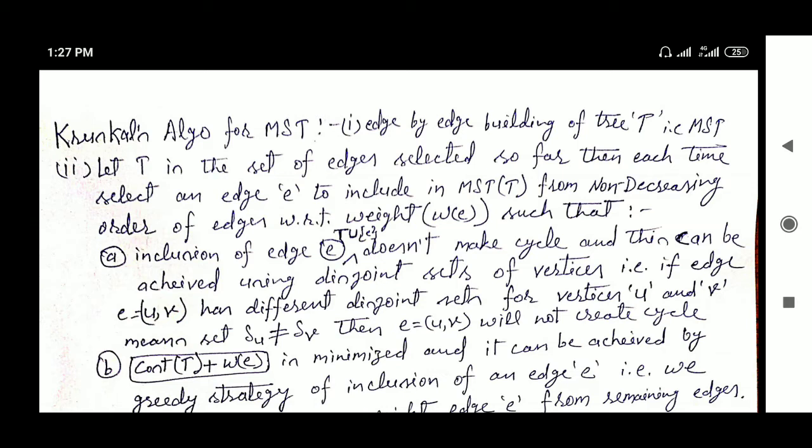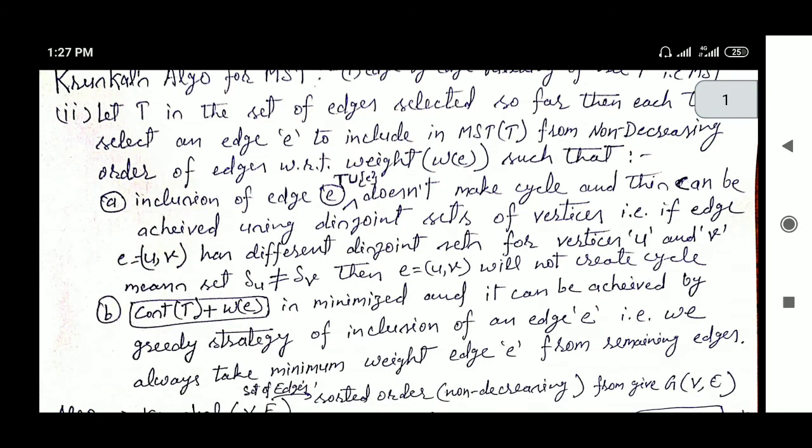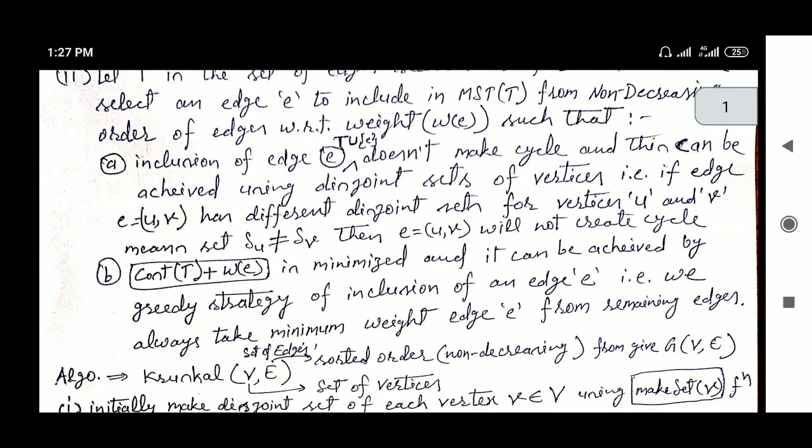So let T be the set of edges selected so far. Each time the Kruskal algorithm selects an edge E to include in the MST from the non-decreasing order of edges with respect to weight, such that inclusion of edge E, T union E, doesn't make a cycle, and this can be achieved using disjoint sets of vertices.